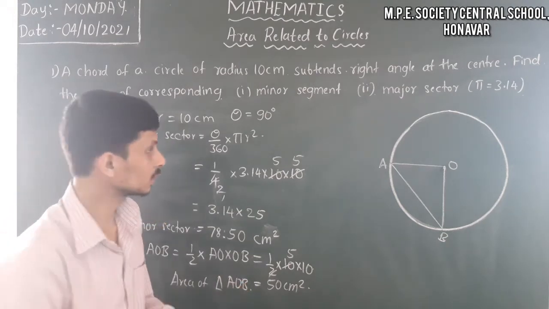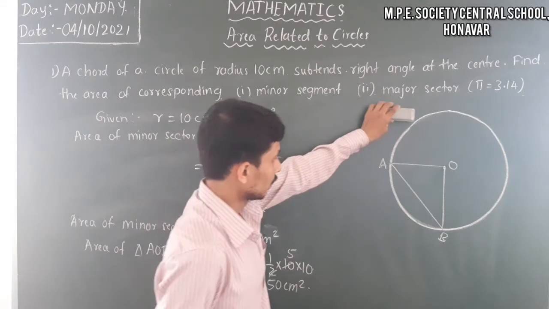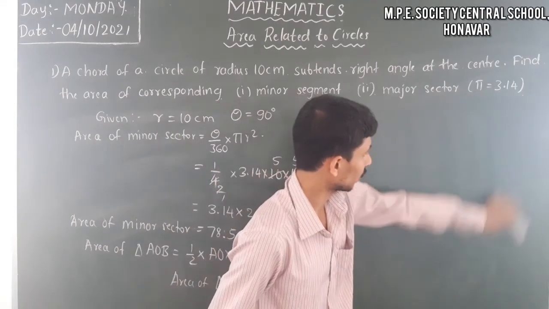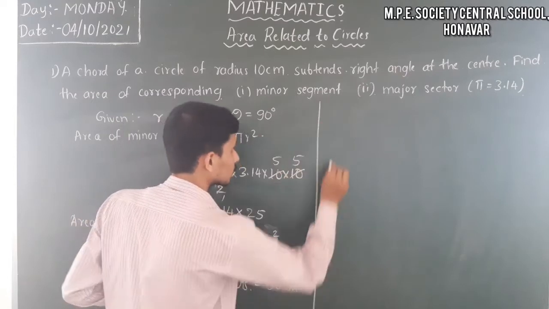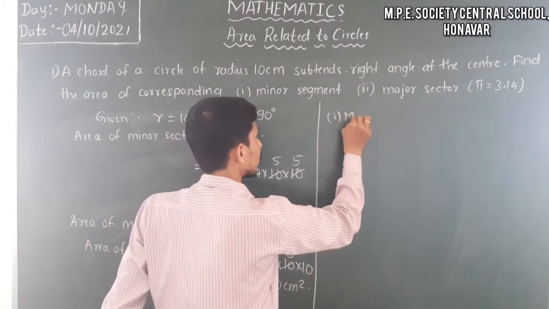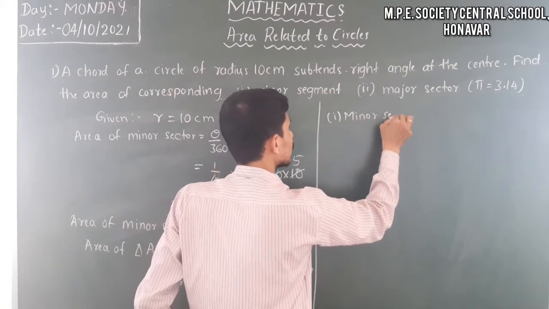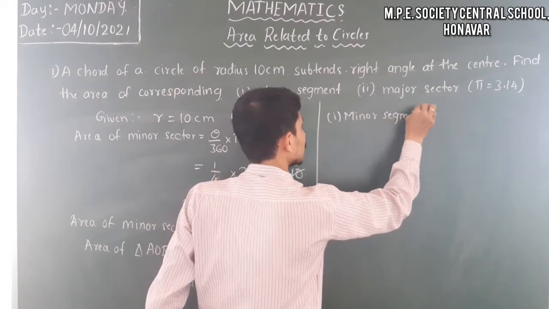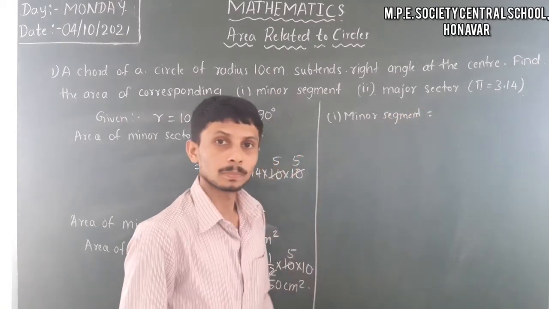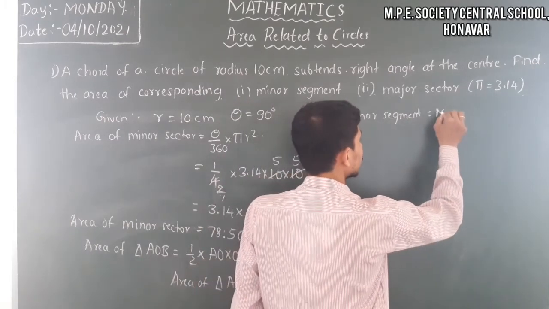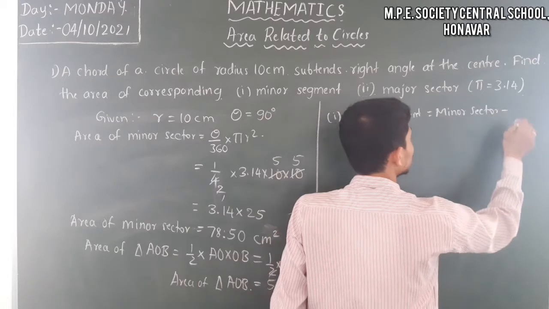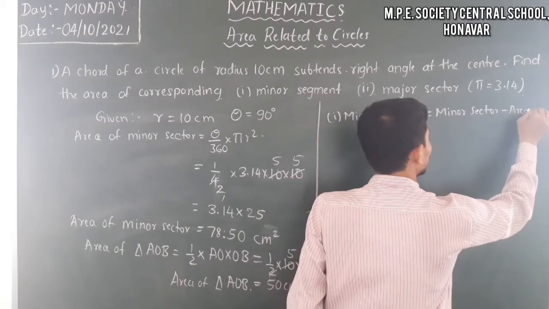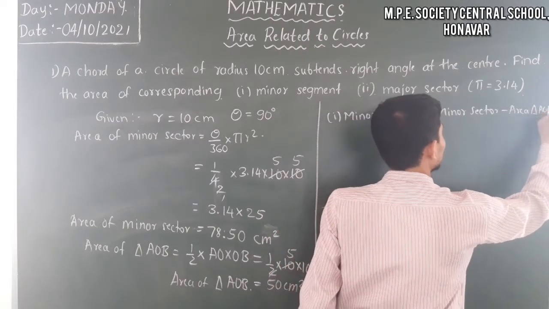Then we have to find out the other required things. Firstly, we have to find the minor segment. Minor segment is equal to area of minor sector minus area of triangle AOB.